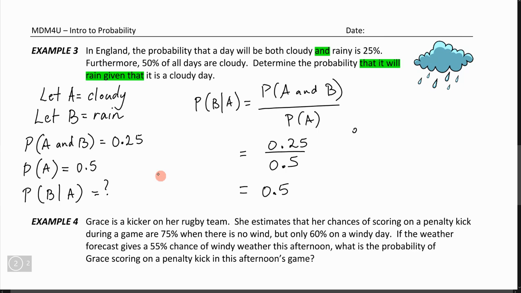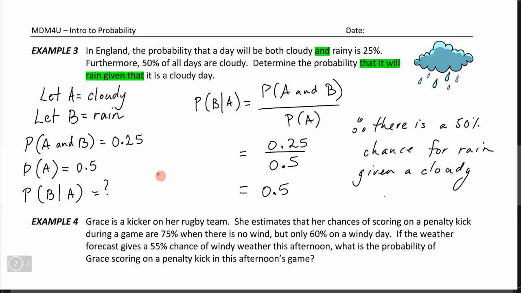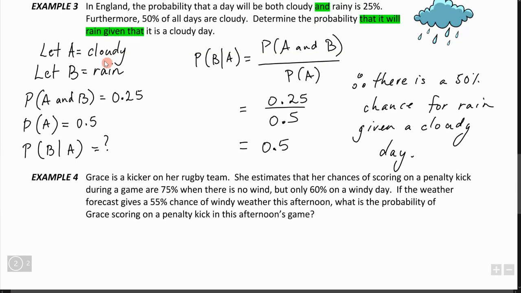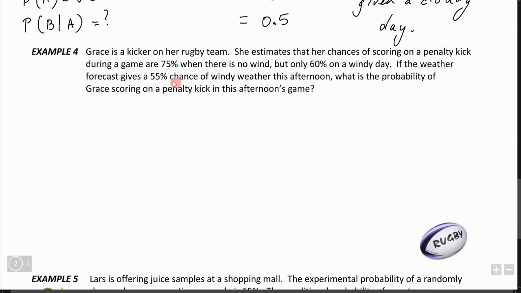Okay, so therefore, there is a 50% chance for rain given a cloudy day. Okay, so far so good. Let's continue on. Example number 4.